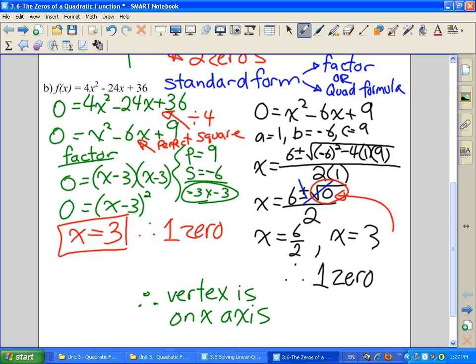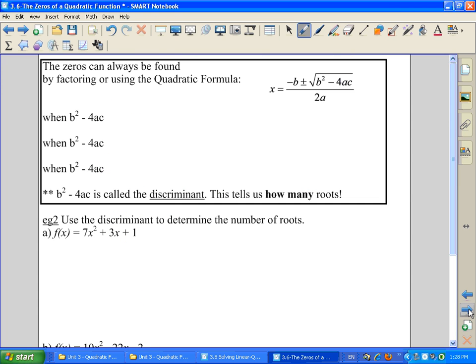But it doesn't really matter what the rest of the quadratic formula does in order to determine the number of roots. So we're going to take that part, which is the b squared minus 4ac, and we're going to just use that to determine in standard form when we have 0 roots, 1 root, or 2 roots. So let's go to the next page and we'll break that into its spots.